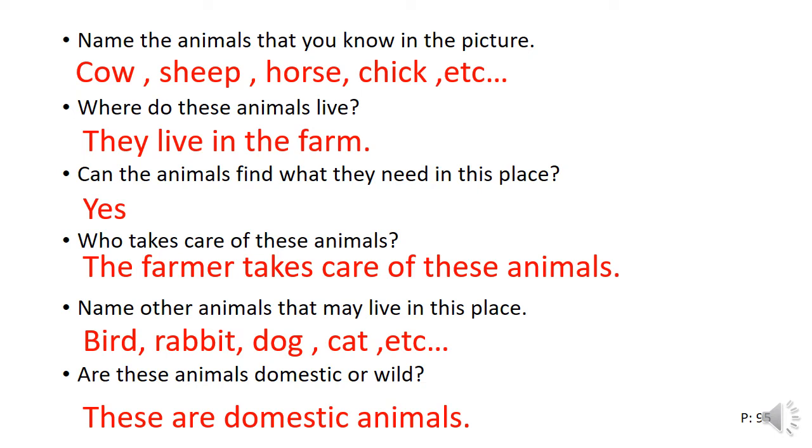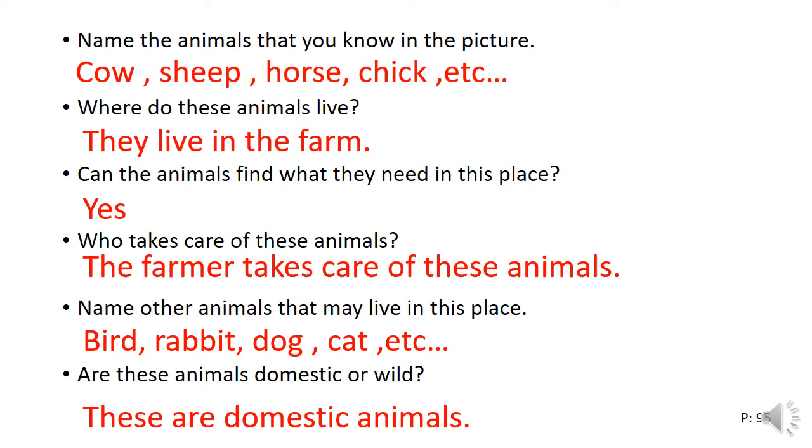Cat and the dog. Cat and the dog are domestic animals, while the fox or the lion don't need us, they can live alone inside the forest. These are called wild animals.